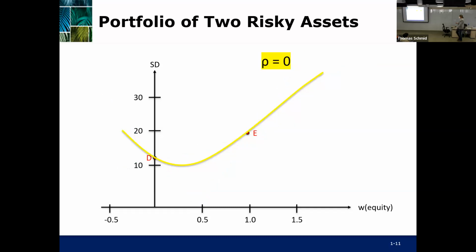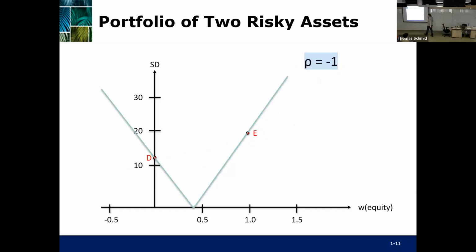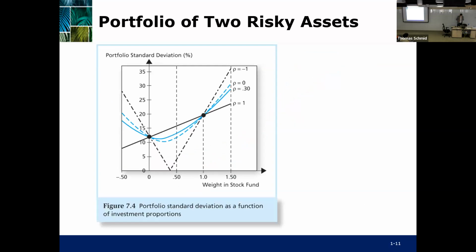So this is a specific world, and in another world, D and E have another correlation, and then this is the result. This is the same picture as in your slides, so it's more precise. But you can see the -1 case, the +1 case, and the 0 and the 0.3 case somewhere in between.